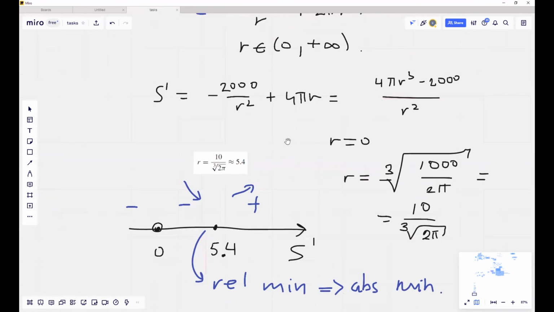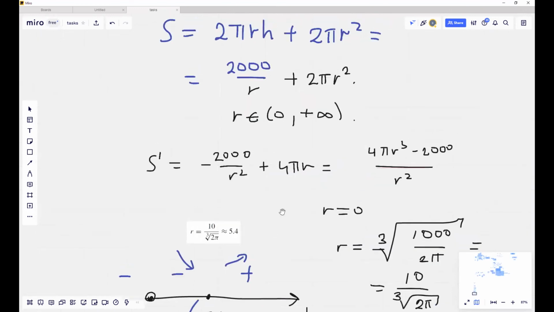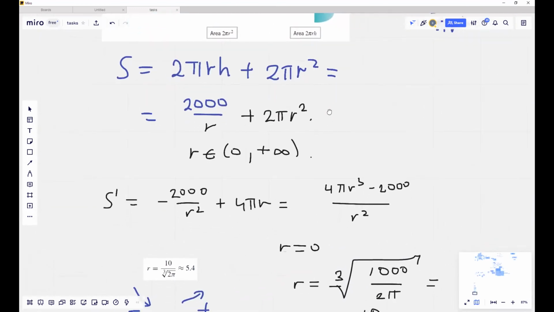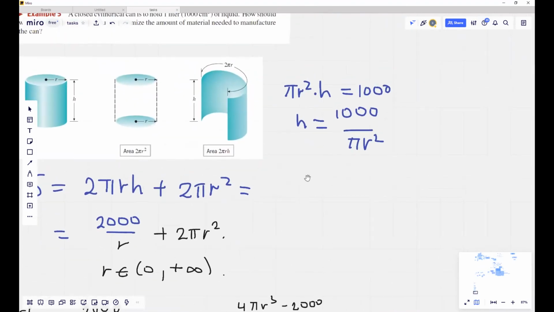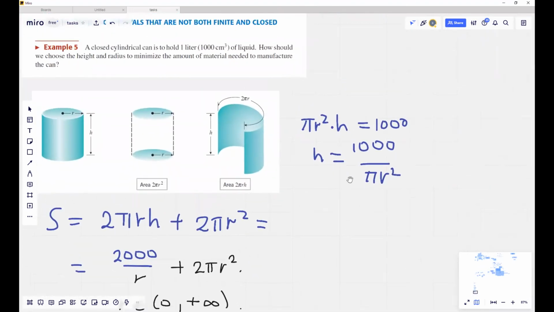Okay, so the dimensions that will minimize the surface area are the value of r equal to 5.4 and the value of h equal to 1000 over pi times 5.4 squared.